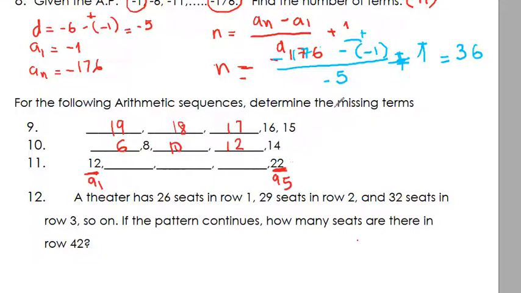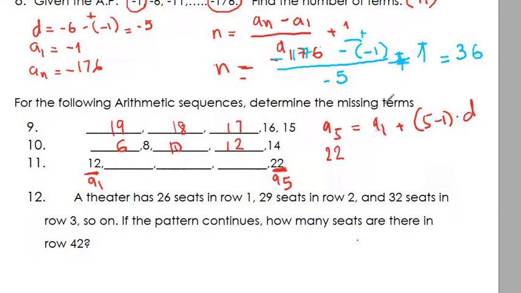A sub 5 equals A sub 1 plus 5 minus 1 times D. Okay, so A sub 5 here is 22.